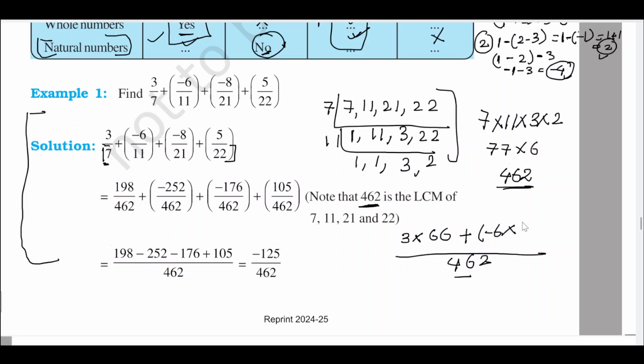So 11 into 42. Plus minus 8 into, for 21, how many times is it in 462? So 22.